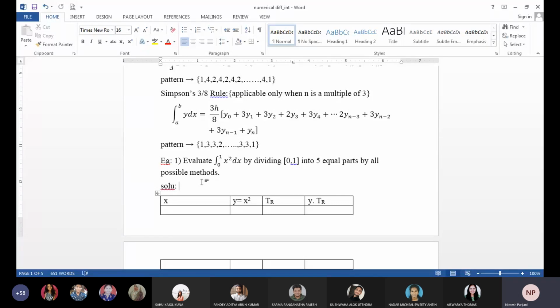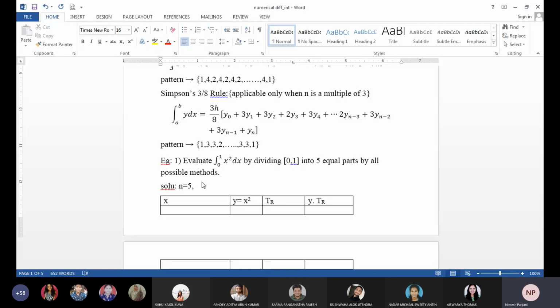So here what it says, evaluate the integral x square from 0 to 1 by dividing the interval 0 to 1 into 5 equal parts. So first of all, what is your n? N in this case is 5 because it says 5 equal parts.